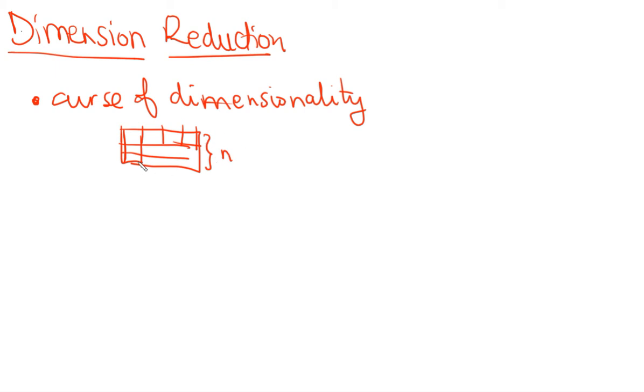So if n is your number of observations and p is your number of variables, the curse of dimensionality happens when n is much less than p. With dimension reduction techniques, you are able to deal with this problem. In this chapter we are learning methods of how to deal with it.